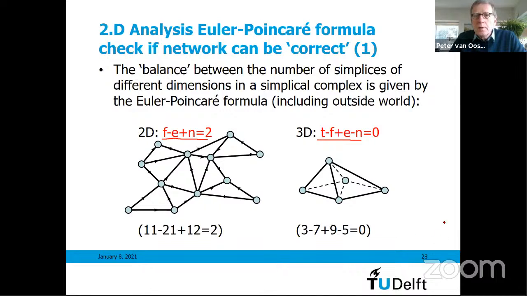And in 3D, for every correct simplicial complex, the summation with the signs, the number of tetrahedra minus the number of faces plus the number of edges minus the number of nodes is 0.